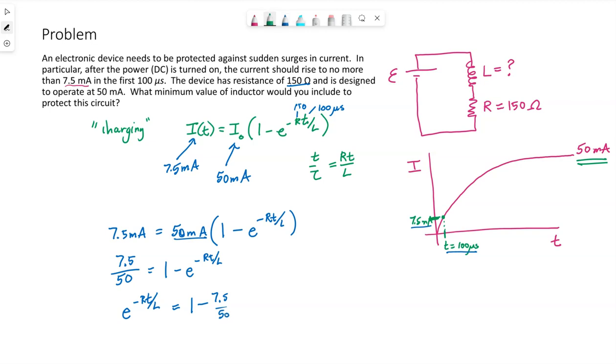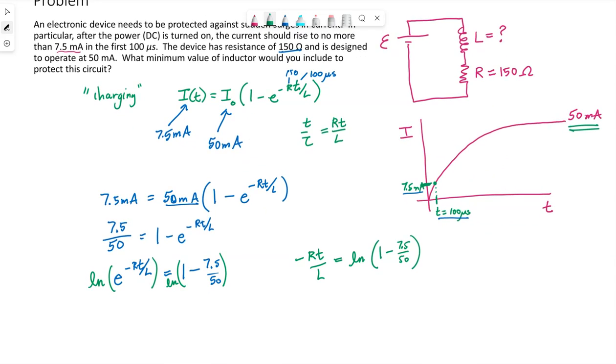Now that I have the exponential function by itself, I can take the natural log of both sides. On the left, I'm left with negative Rt over L. On the right, I'm left with the natural log of 1 minus the 7.5 over 50. Let's scroll up just a little bit. So for L, I need to cross multiply.